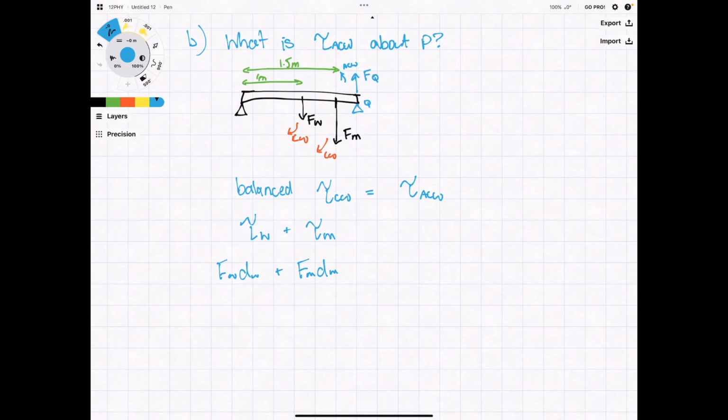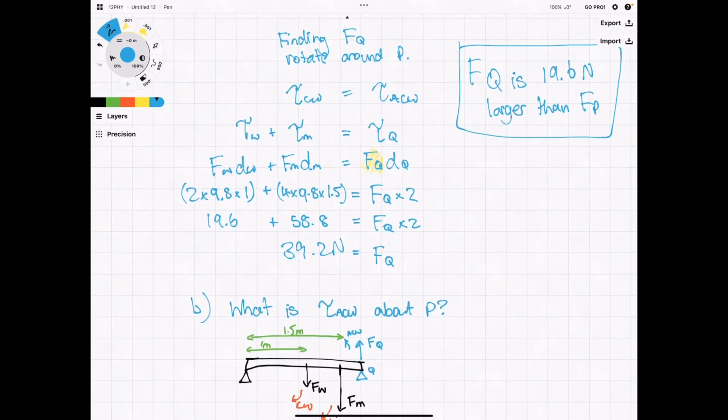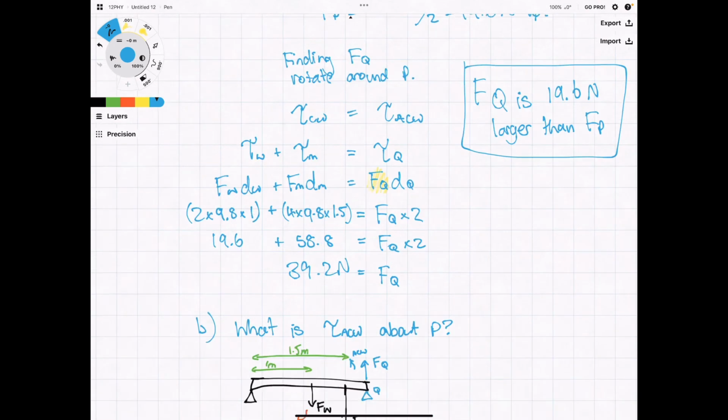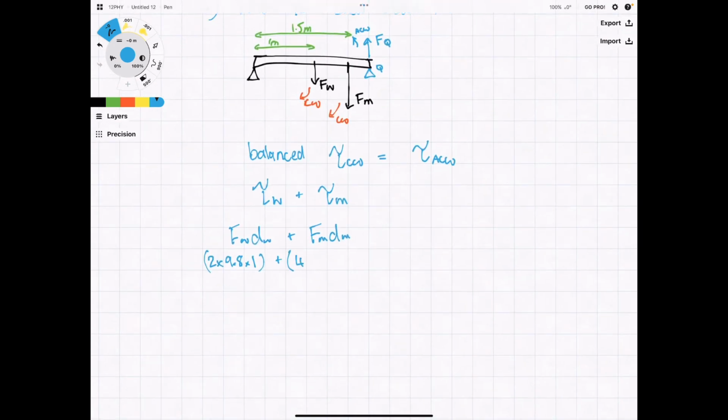Our weight force, 2 times 9.8 times 1, plus, was it 4 kgs? Yeah, it was 4 kgs. 4 times 9.8 times 1.5.